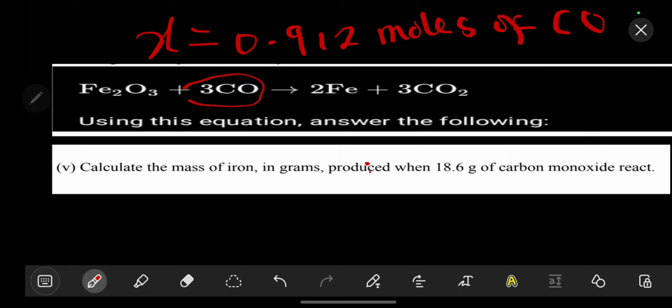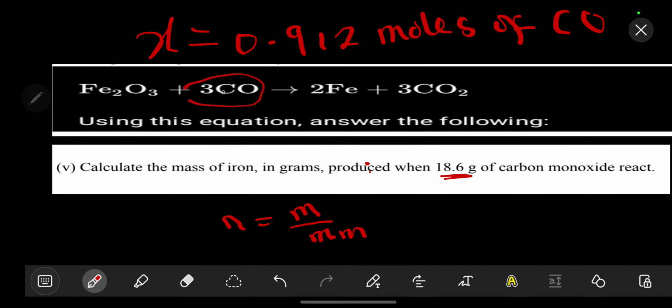This one says, the last one, calculate the mass of iron in grams produced when 18.6 grams of carbon monoxide reacts. So the same approach, let us first find how many moles are present in this amount. The number of moles is equal to our mass over our molar mass.